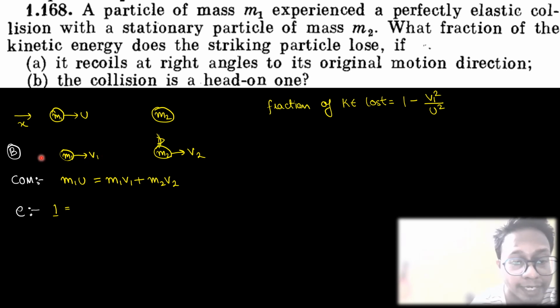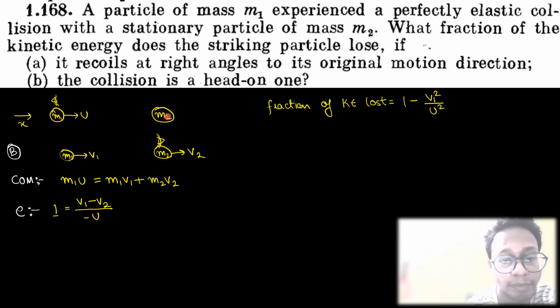v1 minus v2, divided by velocity of approach. What is velocity of approach? Velocity of approach is minus u. Why minus u? Because this person or an observer out here will see the block m2 move towards itself with minus u.